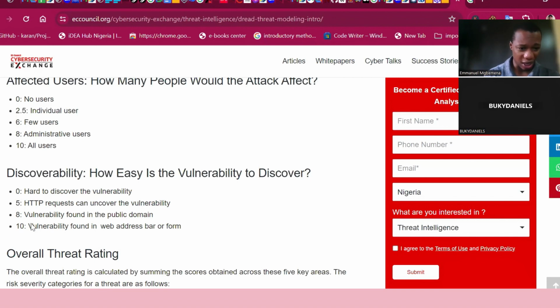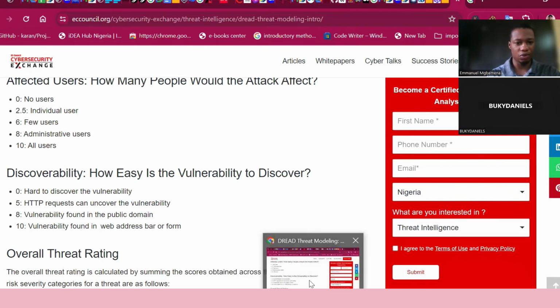But if I were to choose, I would either choose 8 or 0, because I'm looking at vulnerability found in web address bar or form. If it was a web server, then we can say yes, this 10 or this 5 would work. But we are looking at the domain controller, so maybe let's put it at 0.